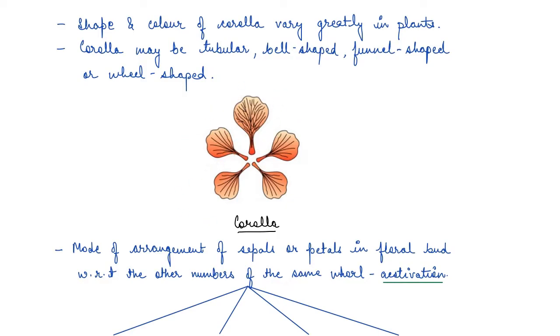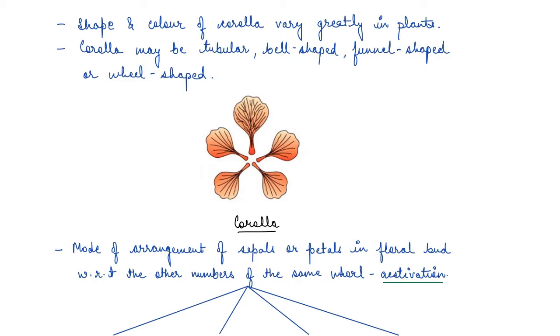Now the next topic is the different modes of arrangement of sepals and petals in the floral bud with respect to the other members of the same whorl. This is known as estivation.